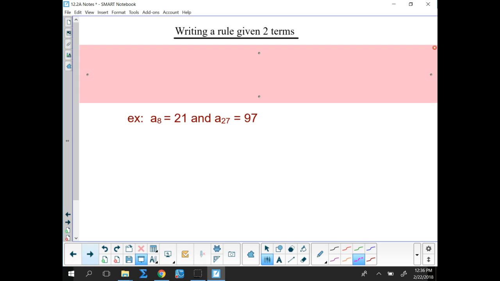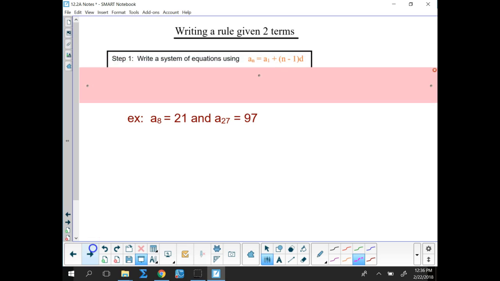So what you have to do is first write a system of equations, so you're going to have to use that twice, once for each term.